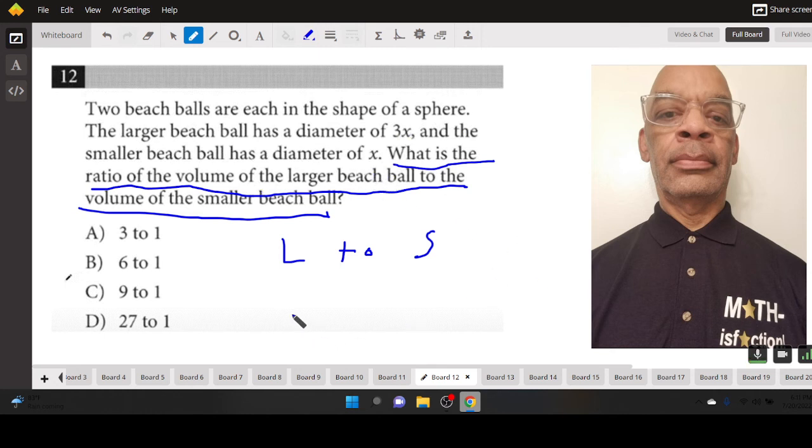All right, volume for a sphere. Volume equals pi r cubed.